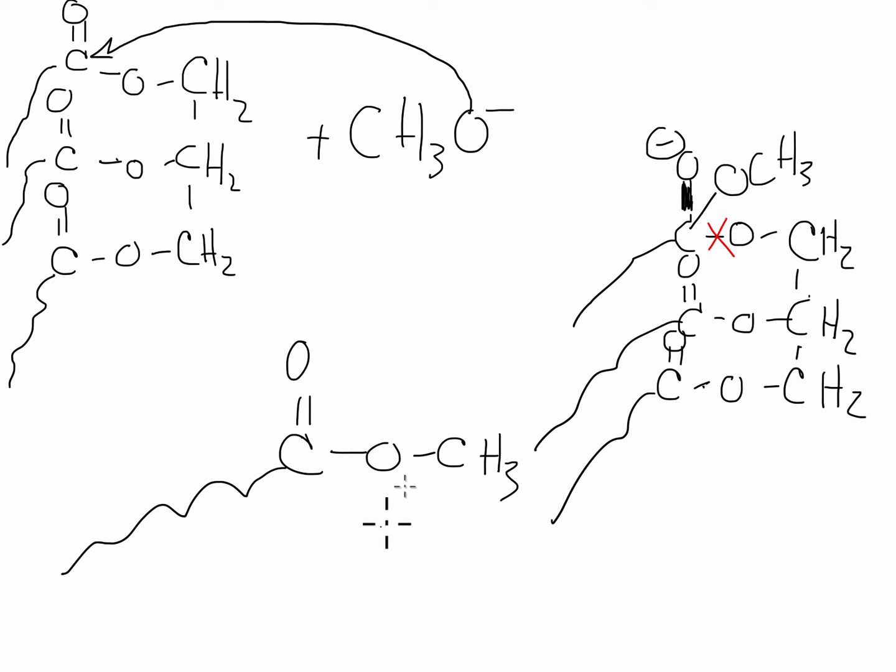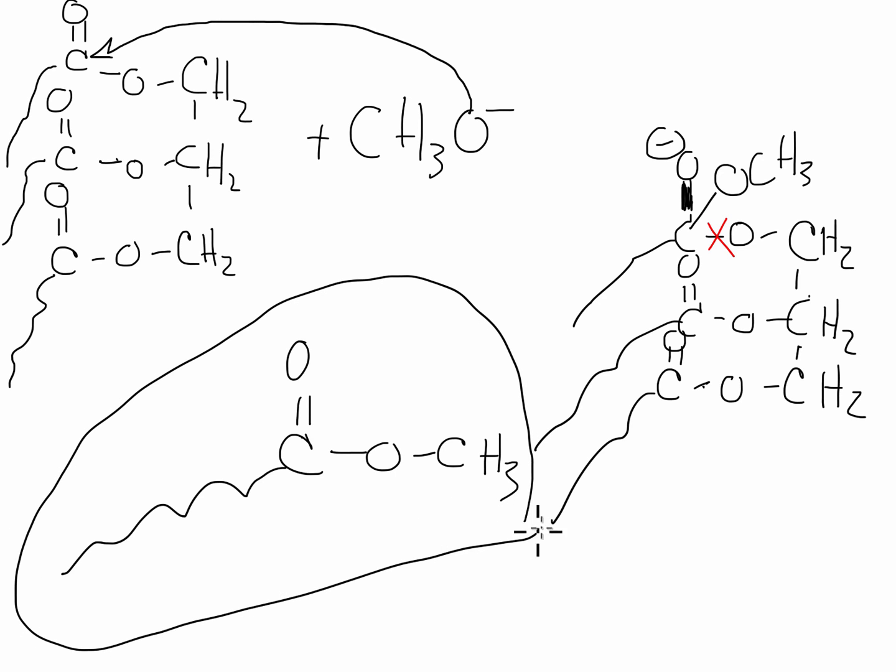Okay, this is much more stable, again, than our free fatty acid. This piece here, this methyl ester of our lipid tail, this is our biodiesel. Okay, this is what we want.